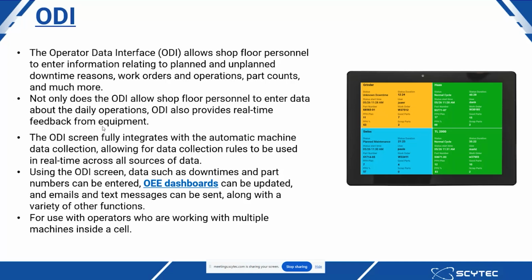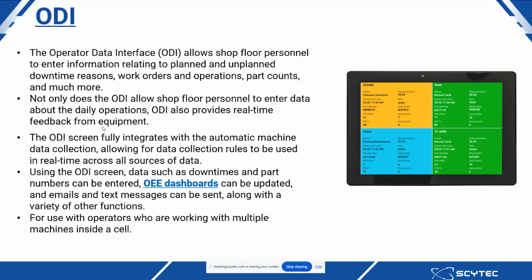The ODI screen fully integrates with the automatic machine data collection, allowing for data collection rules to be used in real time across all sources of data. And using the ODI screen, data such as downtimes and part numbers can be entered, OEE dashboards can be updated, and email and text messages can be sent along with a variety of other functions.